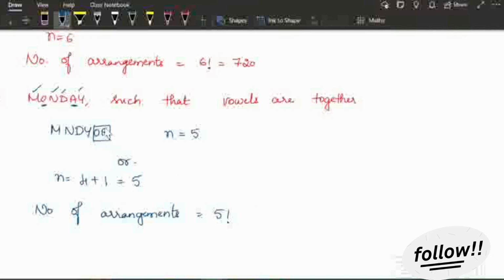But here in one of the units, O and A is considered as one object, so we have to take the factorial of that. There are two letters. That factorial you need to take, which is 120 into 2, 240 different arrangements are possible.